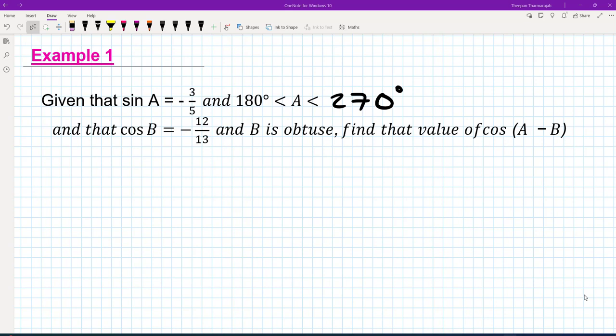So what we need to do first of all is work out the value of cosine A, and we can use the standard identity that sine squared A plus cos squared A is identical to 1.